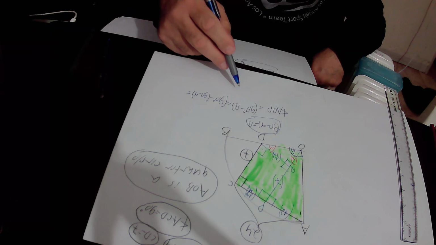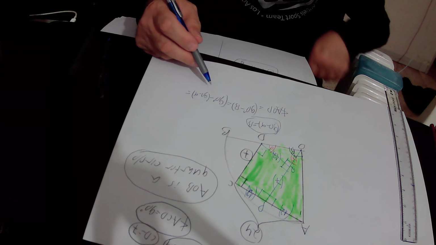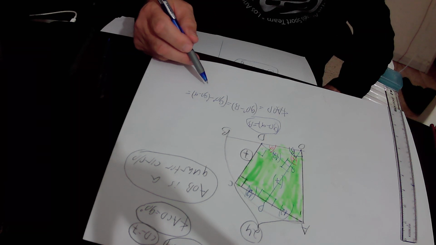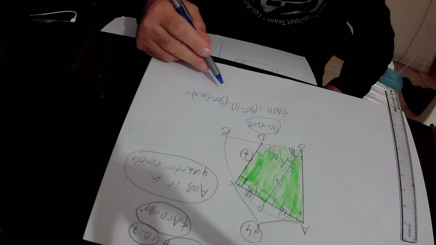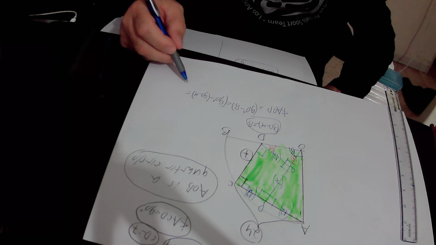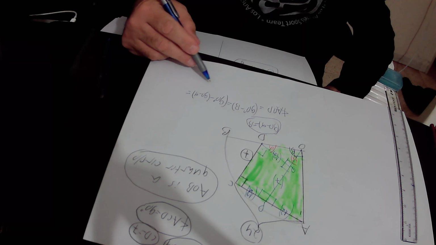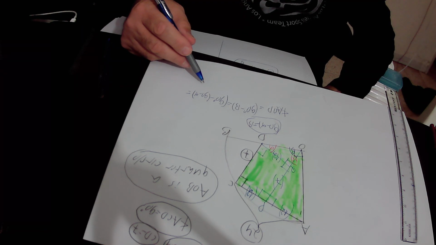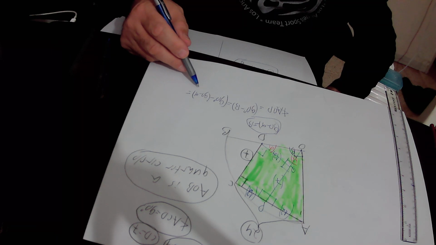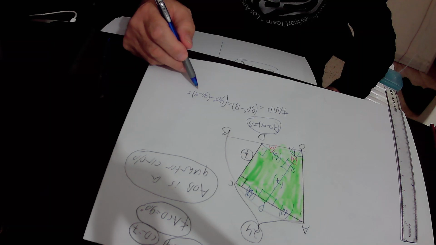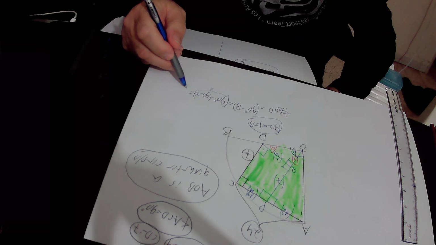So 90 degrees minus beta is actually 90 degrees minus (90 degrees minus alpha), because beta equals 90 degrees minus alpha. We'll open the brackets here and we'll get that 90 degrees minus 90 degrees is 0. And minus times minus is plus. So in total, this expression equals alpha.